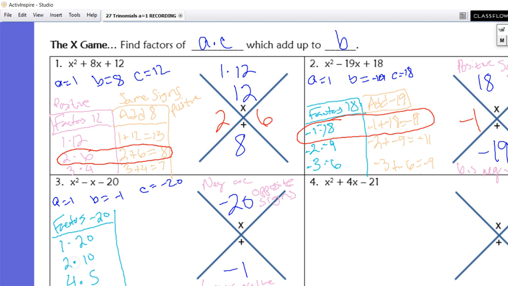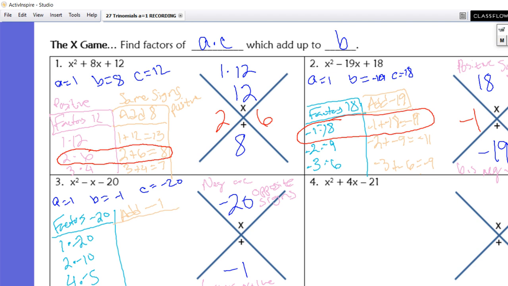So in each of those pairs, pairs of values that multiply to 20, I'm going to make whichever of those is larger the negative number. So between 1 and 20, 20 is larger, it gets the negative in this problem. 10 gets the negative, and 5 gets the negative. And that affects my add up number, so that's why I'm paying attention to the signs.